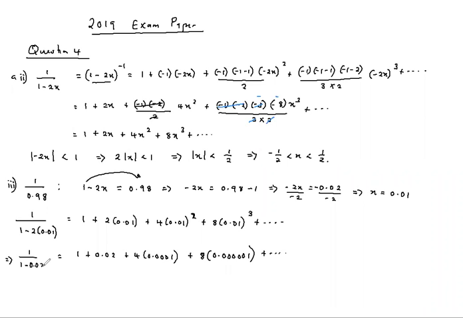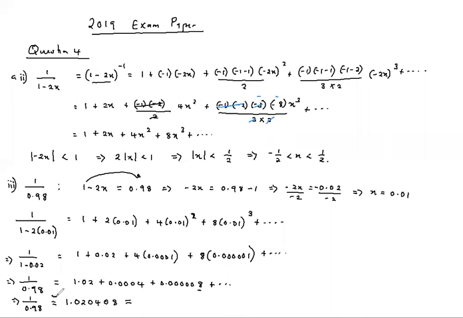So this is 0.02, which gives us 1 over 0.98 is equal to 1.02 plus 0.0004 plus 0.000008, implying that what you have as 1 over 0.98, to 5 decimal places, will be 1.0204 and then the digit from adding all these.